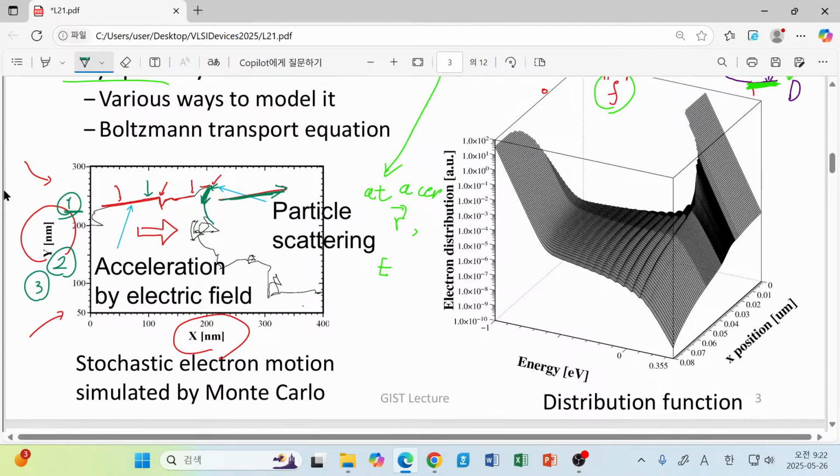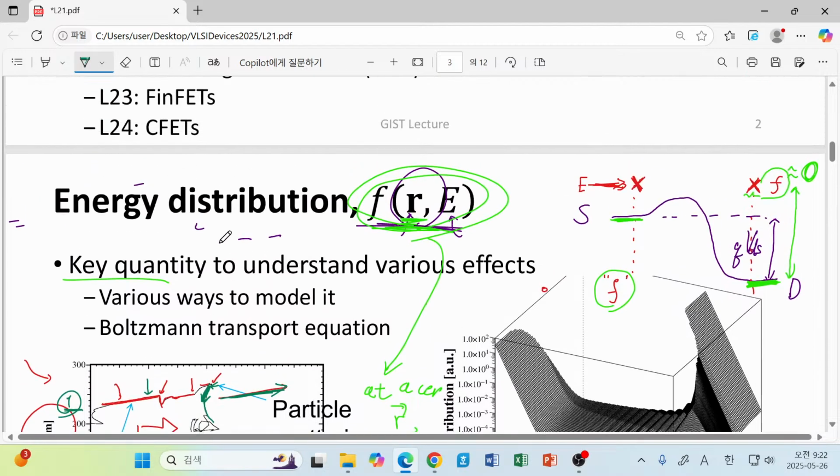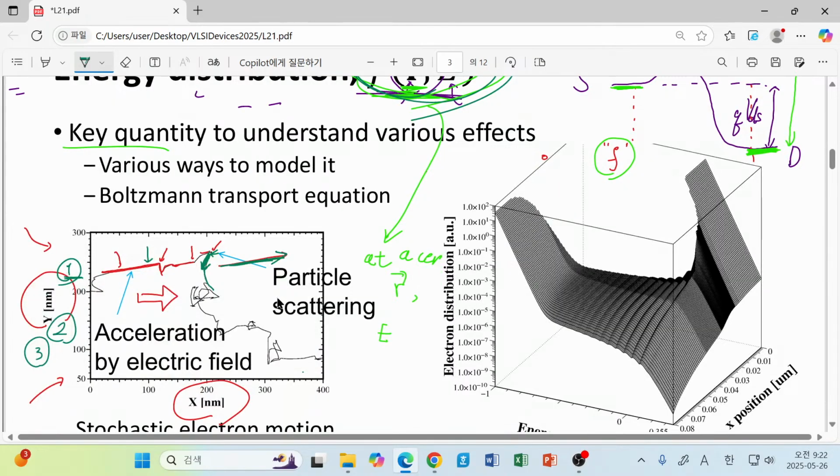After a long time, we can make certain tables or a long Excel file. Out of it, we can think about this quantity. On average, when the electron is here, it has a certain energy distribution. Also at this position, the electron gas has a certain energy distribution. This quantity can be calculated.